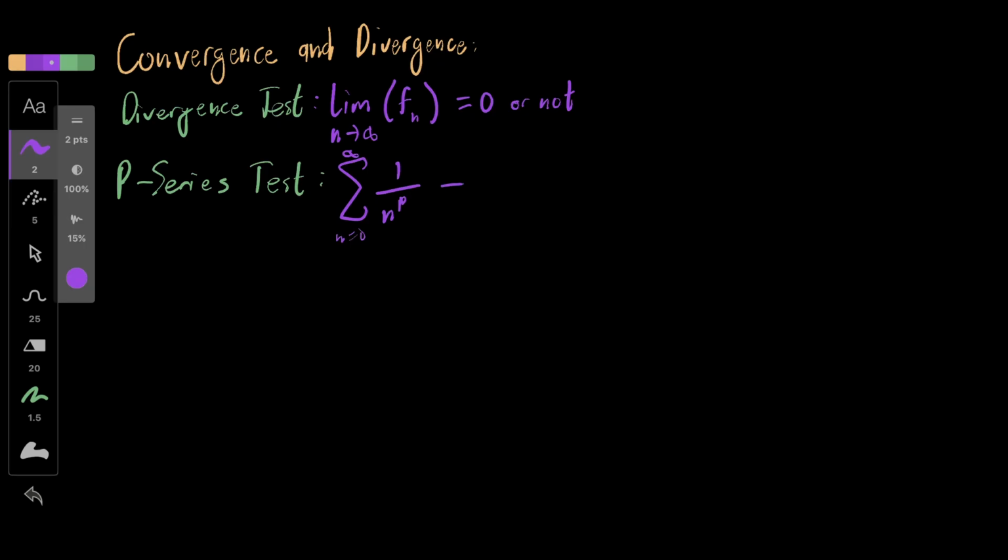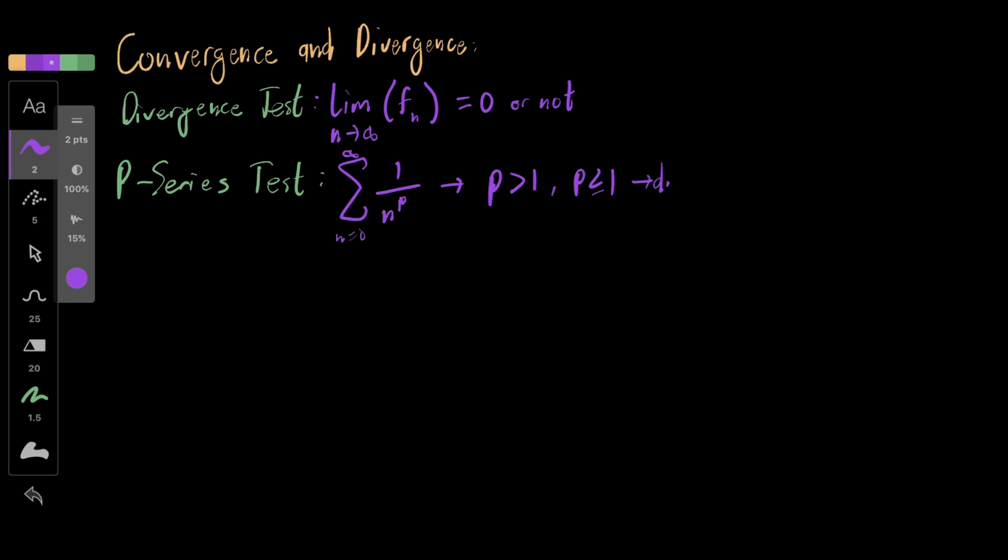Now, if the magnitude of p is greater than 1, then the series converges. If p is less than or equal to 1, the series diverges.